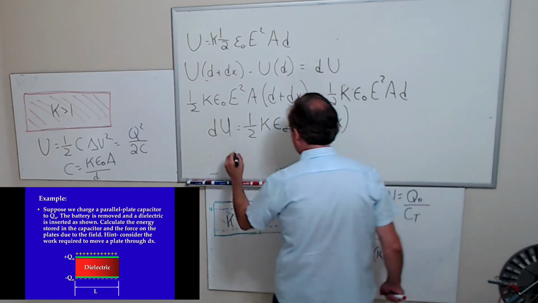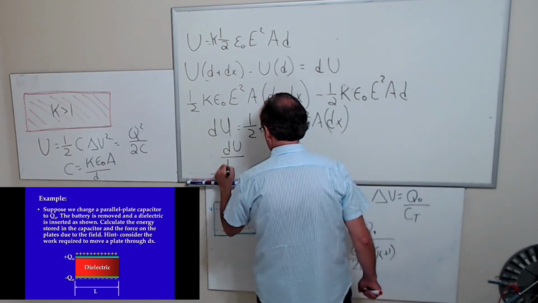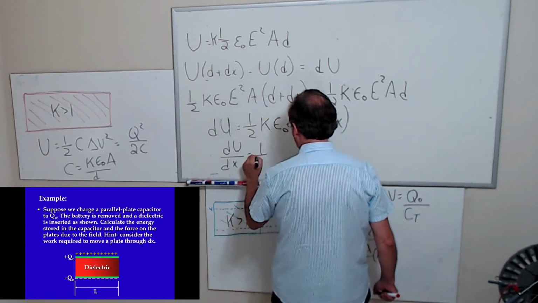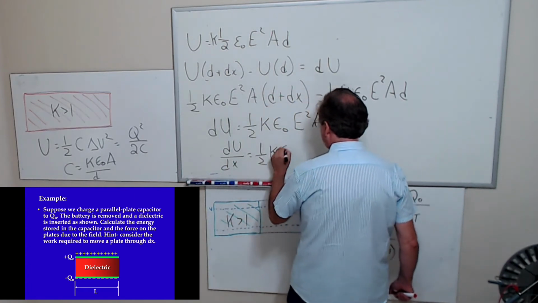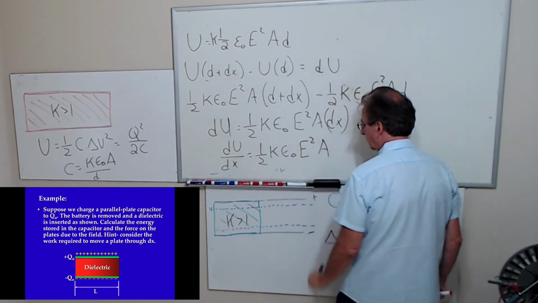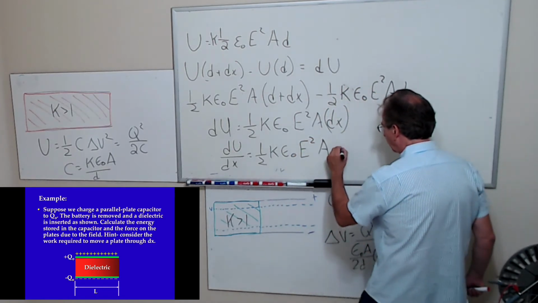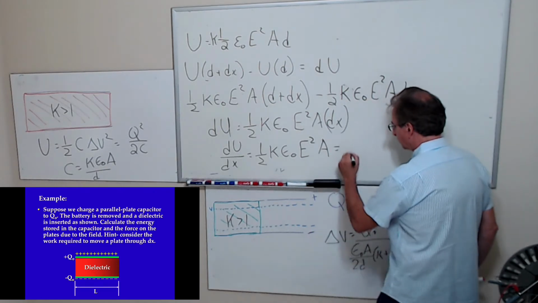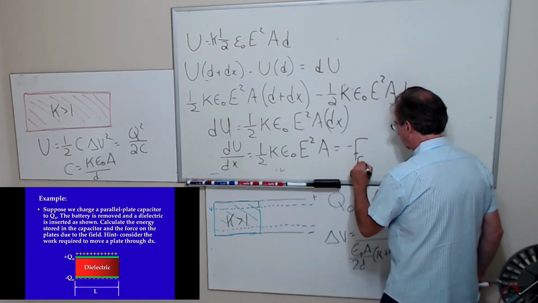And so dU/dx is 1/2 kappa epsilon naught E squared A. And if you remember from Physics 205, this is minus the force due to the field.